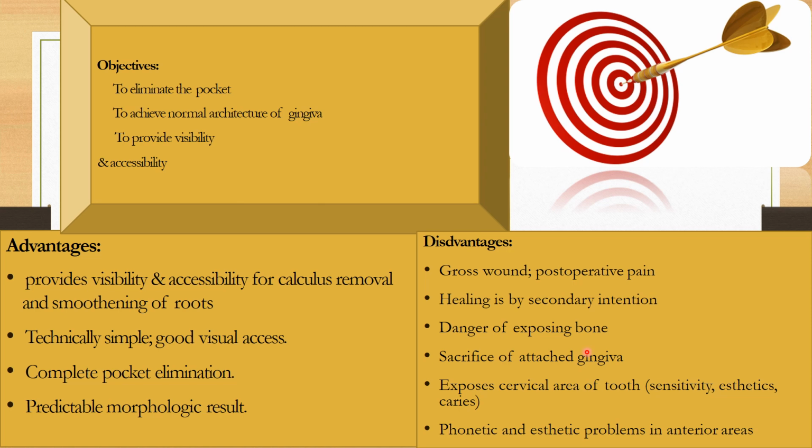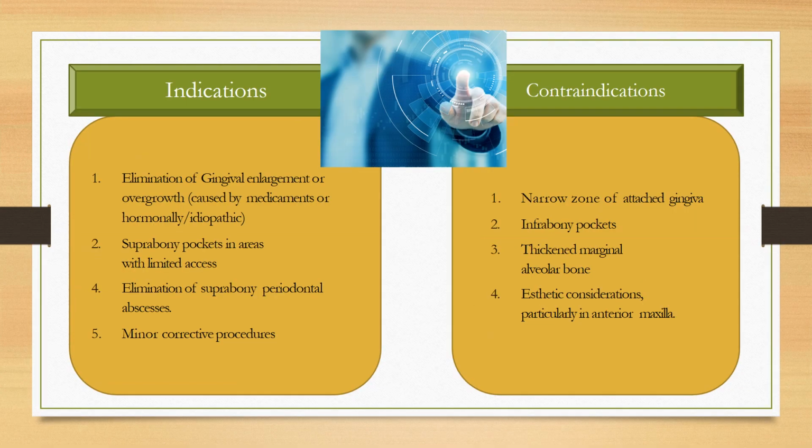So there is a sacrifice of attached gingiva, and it also exposes the cervical area of the tooth, which can lead to sensitivity, aesthetic problems, or even caries. Then there are phonetic and aesthetic problems when it is done in anterior areas.